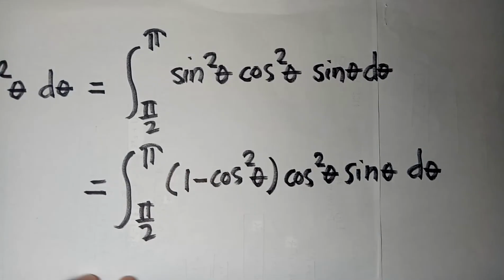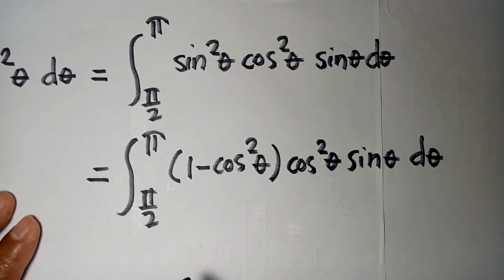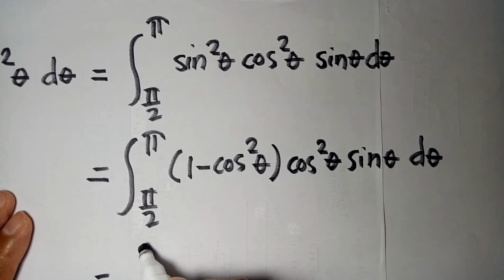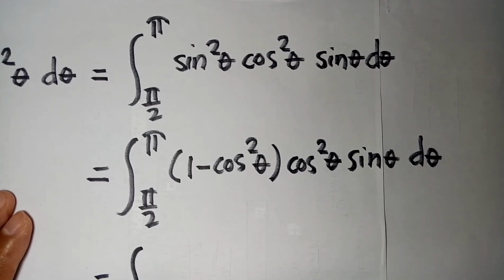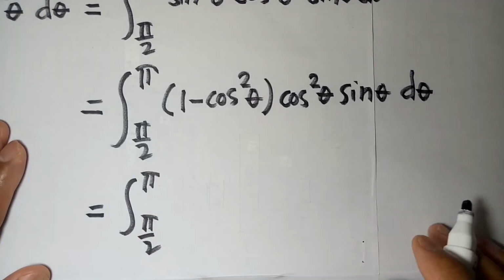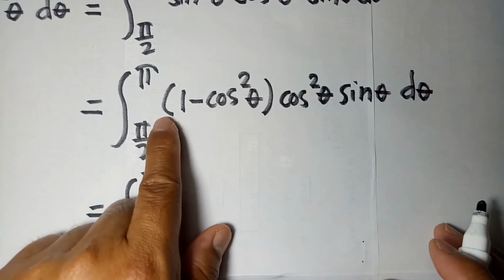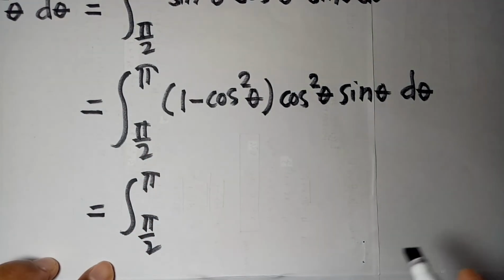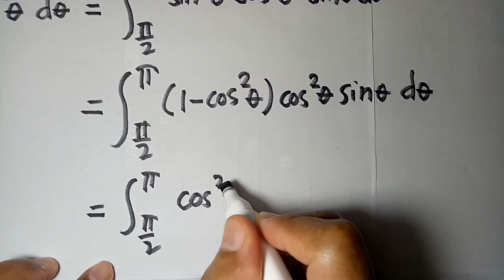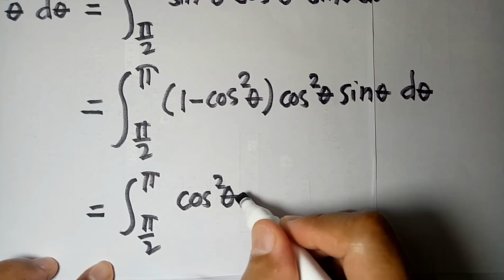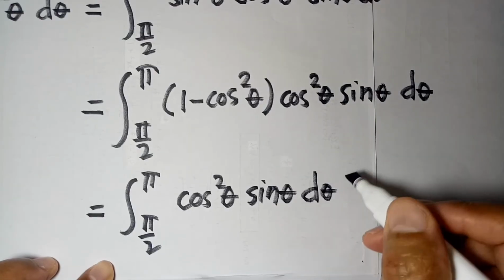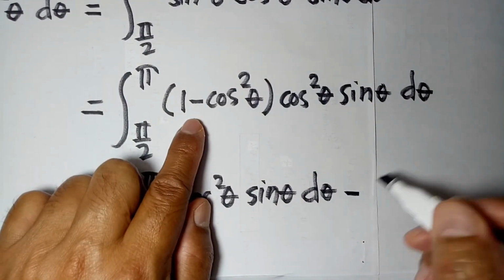After that, multiply natin sa loob, ano? Tapos pag-iwalayin natin yung integration ng bawat term. So, meron tayong integral pi over 2 to pi. So, cosine squared times sine times 1 and then yung d theta, no? So, magkakaroon tayo ng cosine squared of theta and then sine theta d theta. And then minus.